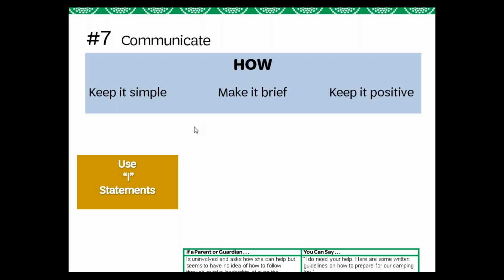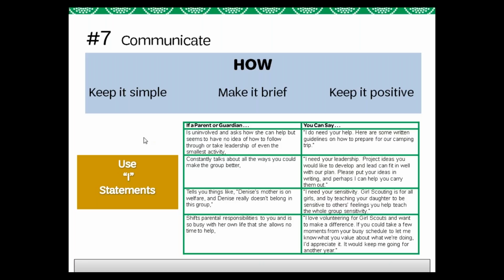So let me go over one example. Let's say that you have a parent that's uninvolved and asks how she can help, but seems to have no idea of how to follow through or take leadership of even the smallest activity. In that situation, GSUSA recommends that you could say something like, I need your help.